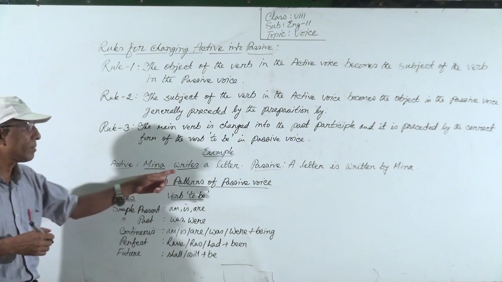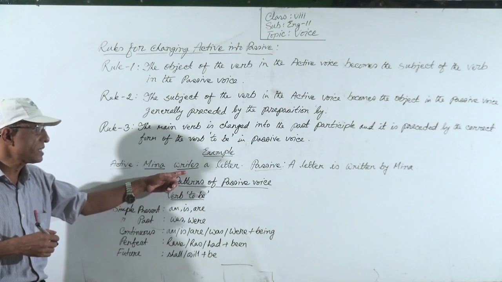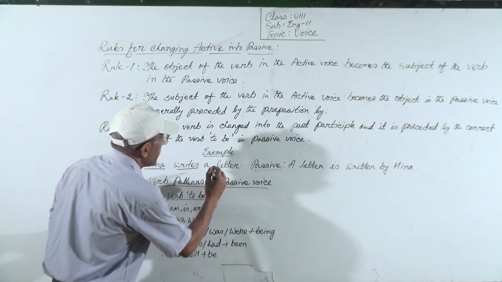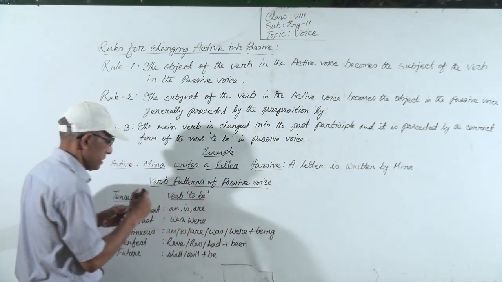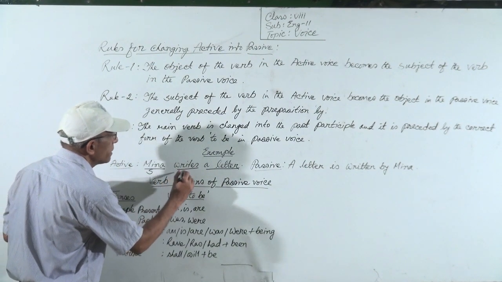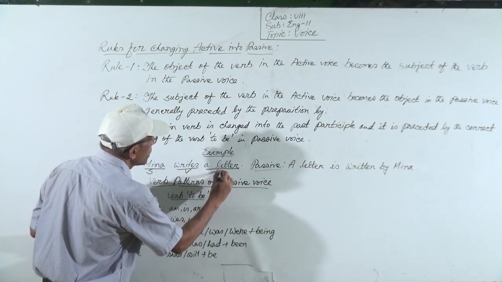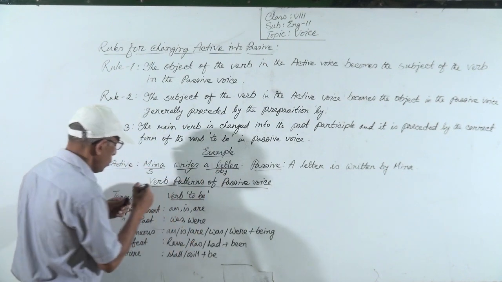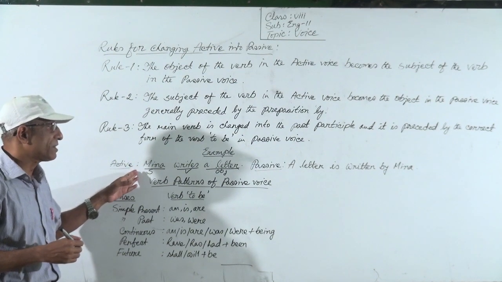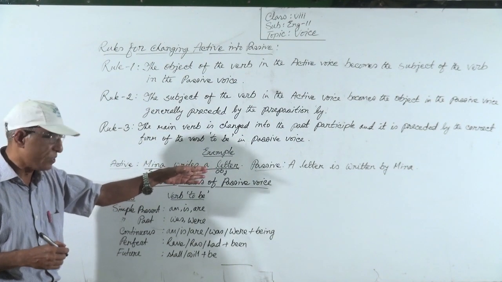What is the position of this word? Verb. Subject, verb, and you see the next is the object. So this is subject, this is verb, and this is object. So we saw 3 parts of the sentence: subject, verb, and object.